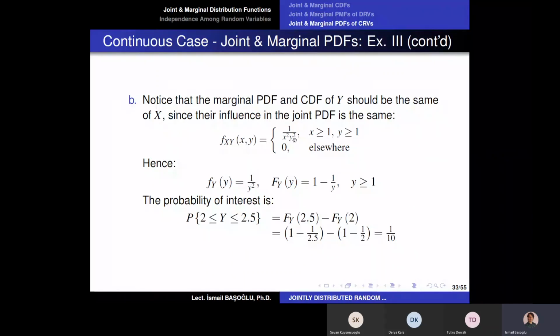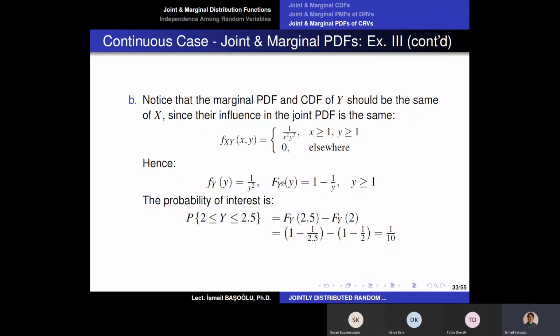Therefore, whatever we find as the marginal PDF and marginal CDF for x is going to be the same for the marginal PDF and marginal CDF of y. So we can easily write that the marginal PDF of y is 1 over y squared for values which are greater than or equal to 1.